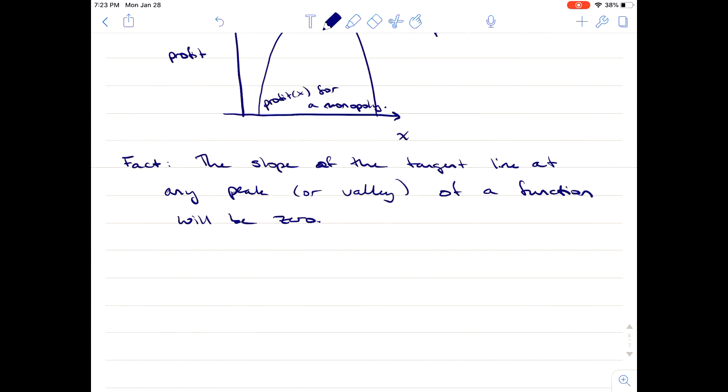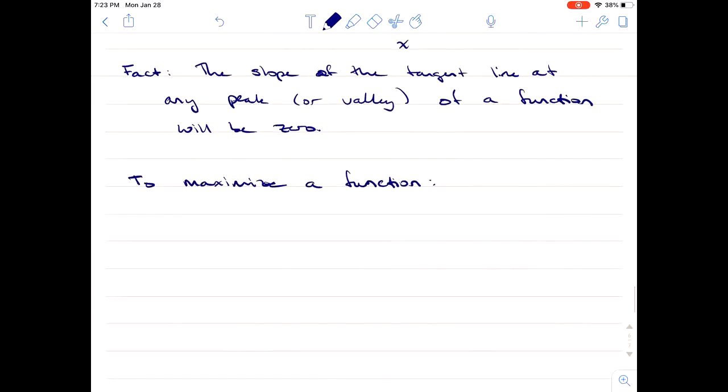So what we're going to do first, to maximize a function, your first step, we'll do this in general because that's what's on your practice test, question 2, maximize this function.